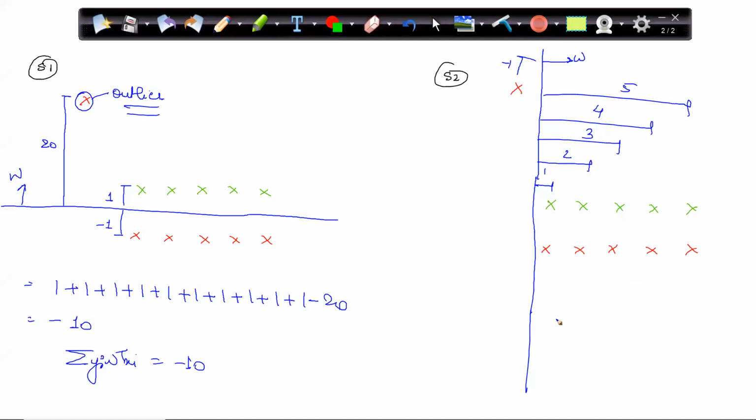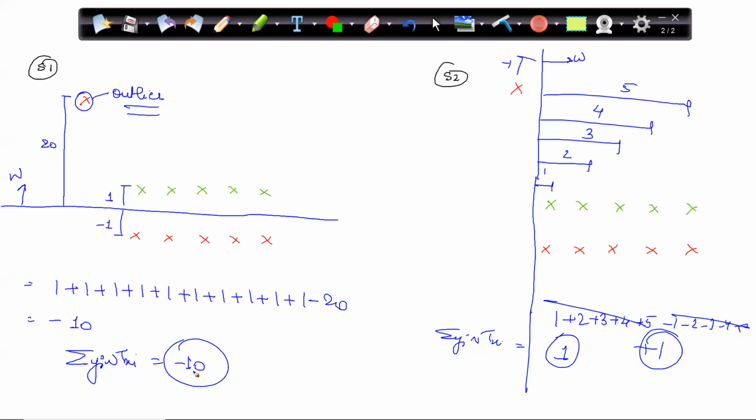So let me add it up. 1 plus 2 plus 3 plus 4 plus 5, minus 1, minus 2, minus 3, minus 4, minus 5, plus 1, this guy. Minus 1 into minus 1 is plus 1, because you are a red point, it's a minus 1, and the distance is also minus 1. So this and this will cancel out. I am left with 1. So the summation of yi w transpose xi is equal to 1, which is higher than this guy.